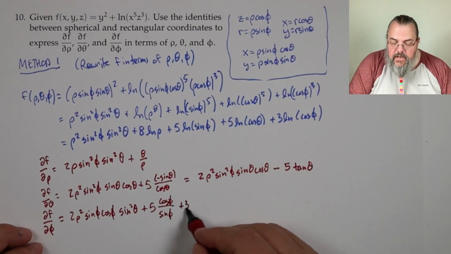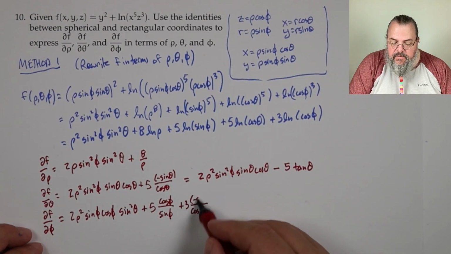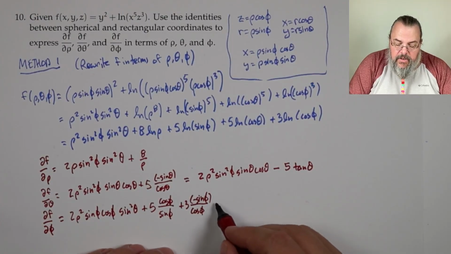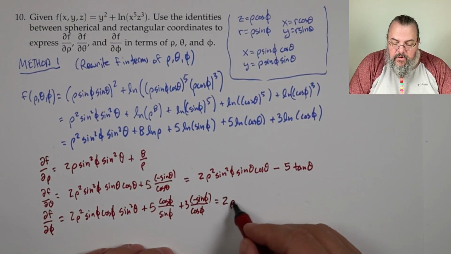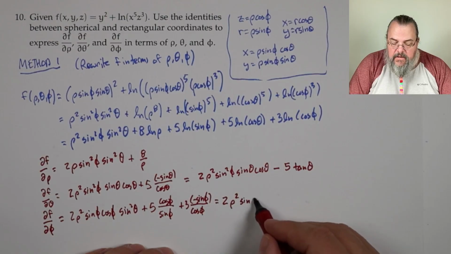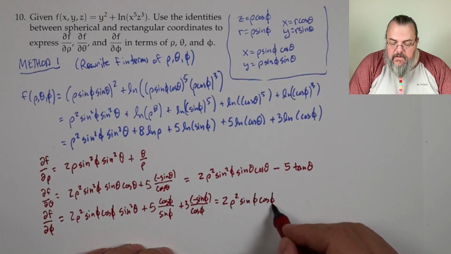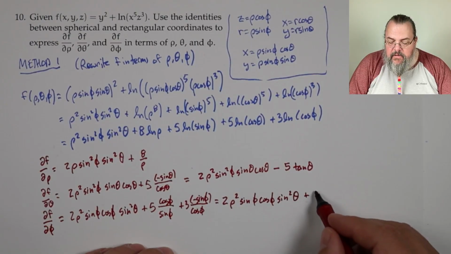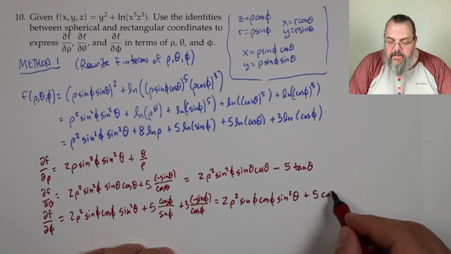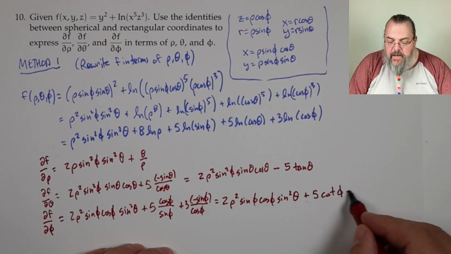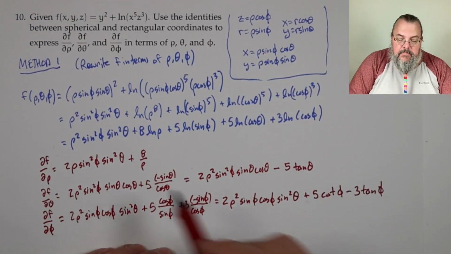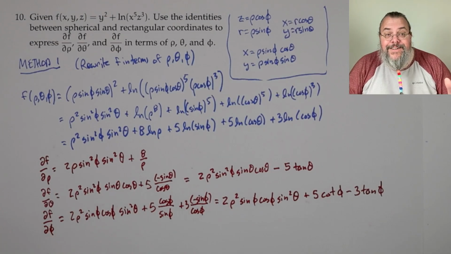So plus 3. Downstairs goes to cosine, upstairs the derivative of cosine, negative sine. So we can rewrite this as 2 rho squared sine phi cosine phi sine squared theta plus 5 cotangent phi minus 3 tangent phi. And we're done. It's all there.